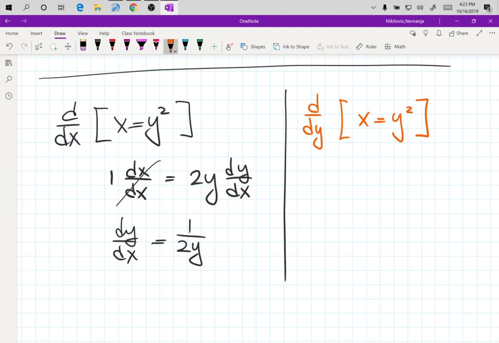What's the derivative of x? 1. And then we follow with what? dx/dy. Good. We took the derivative of x with respect to y. What's the derivative of y squared? And then dy/dy, which we don't have to write, but we still do. That will cancel. And we have dx/dy is equal to 2y.